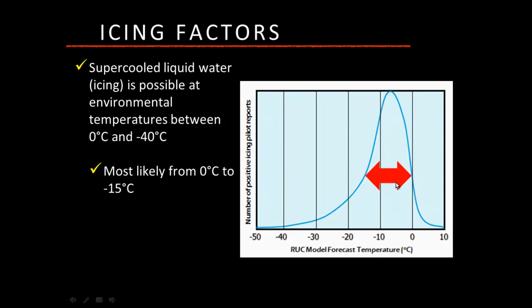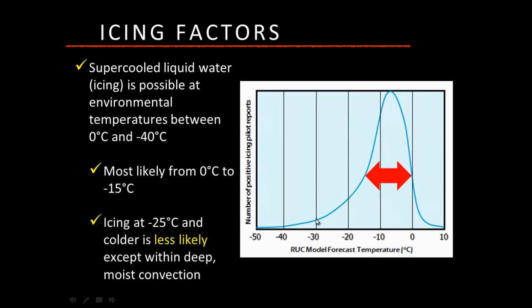So essentially, if you're in that temperature regime, you're more likely to get airframe ice if you're in those saturated conditions. And that tends to taper off pretty abruptly and pretty quickly, but you can still see there's a lot of icing reports at those colder temperatures. And when you get to about minus 25 and colder, icing is definitely a lot less likely unless you're in convection.